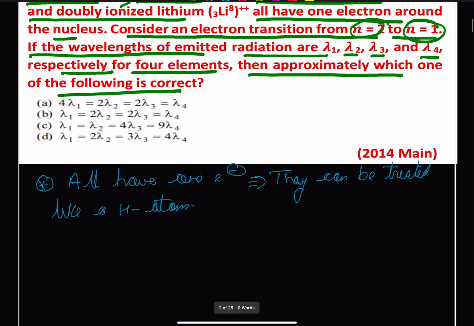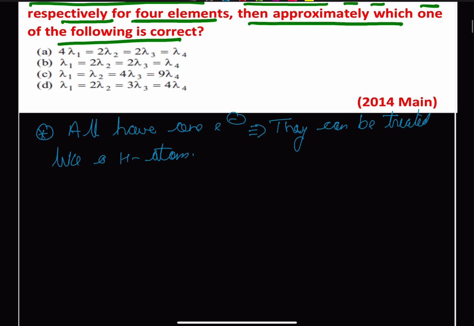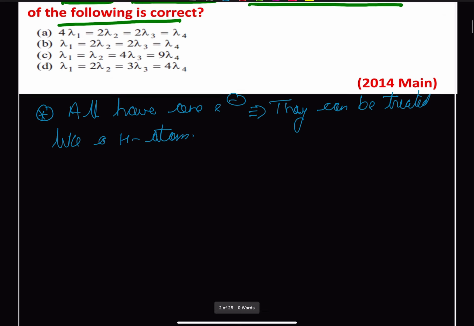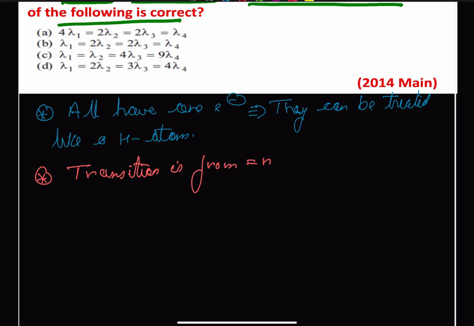and the transition is from n2 to n1, and based on this we are going to use the Rydberg formula for the wavelength. So transition is from n is equal to 2 to n is equal to 1.